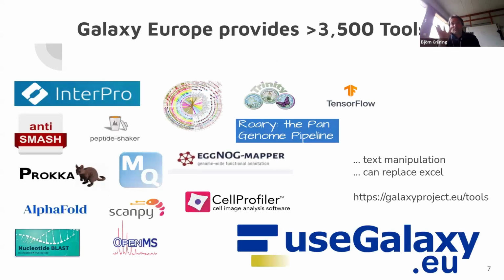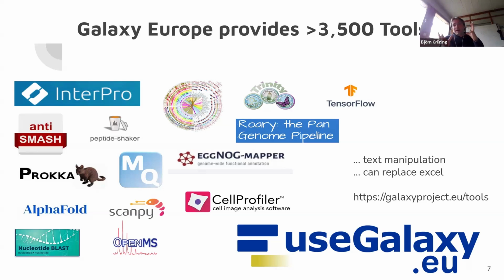There is a huge set of tools already integrated in Galaxy. This goes from the bio domains, so you can do your genome annotation and genome assembly, but it also goes into protein structure prediction, for example AlphaFold. OpenMS covers proteomics, and metabolomics is there.